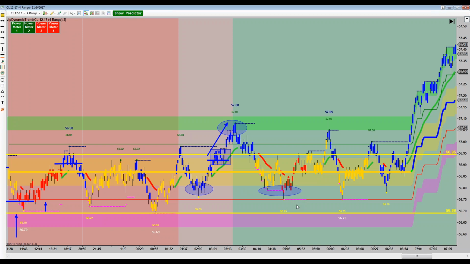So you're still in a range, however, the new location of the range is now like that and like this. It's shifted up. Can everybody see that?